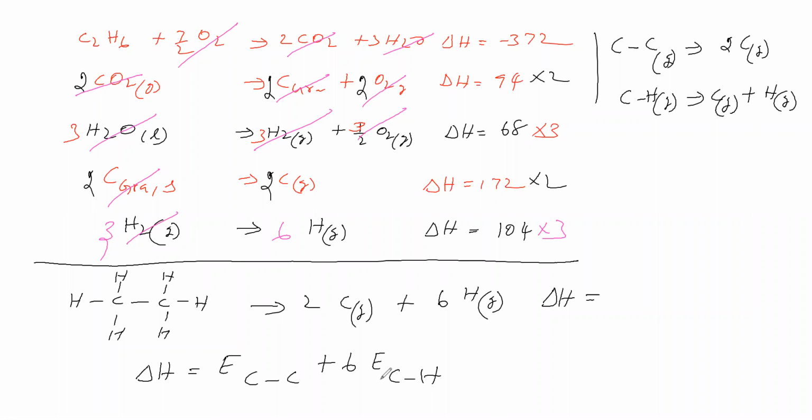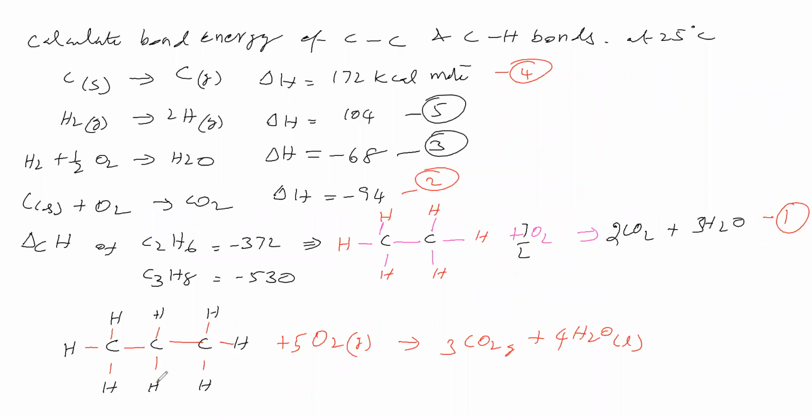Sir, next, in the same manner, let us treat propane. So for propane we have to go now. Now we will take the sixth equation. The sixth equation says propane, C3H8, plus 5O2 gives 3 times CO2 plus 4 times H2O.